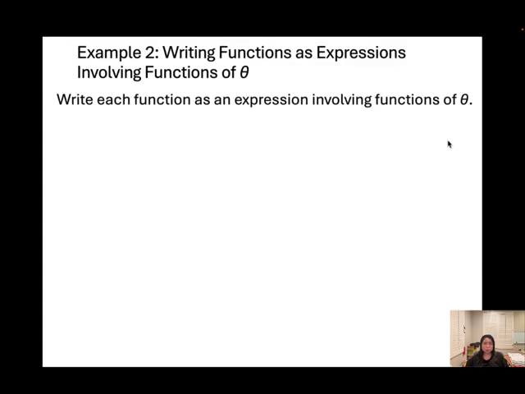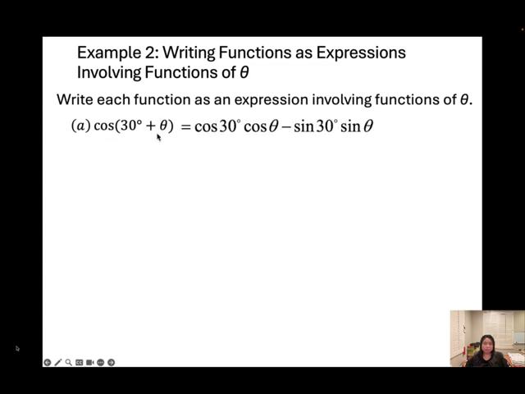Okay, example 2. Write each function as an expression involving a function of theta. Okay, so we would just need to simplify it using the sum identity for cosine. So I do have cosine A cosine B minus sine A sine B. And then what is cosine 30?